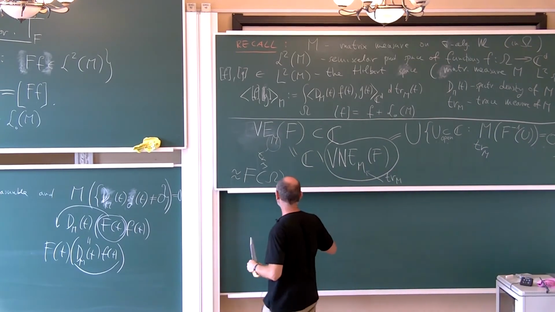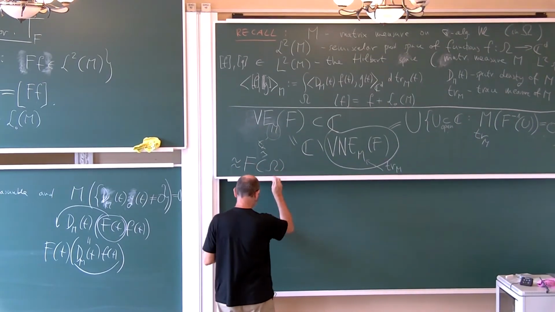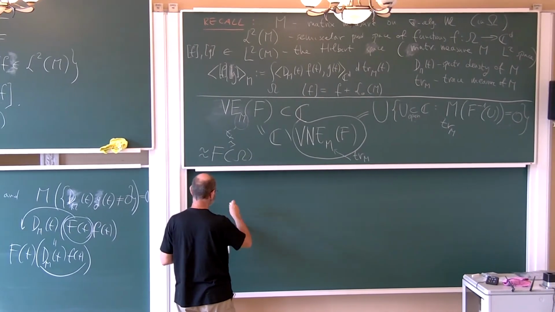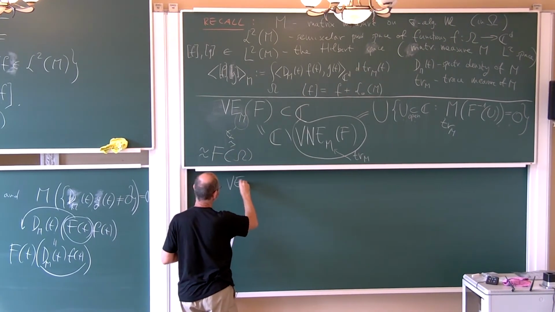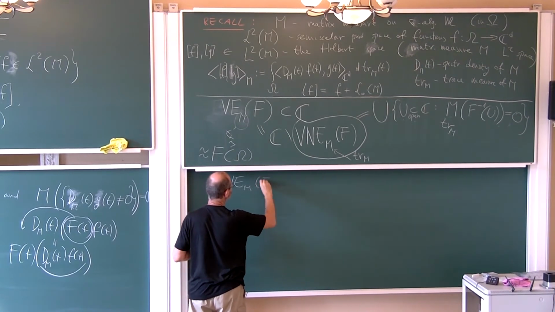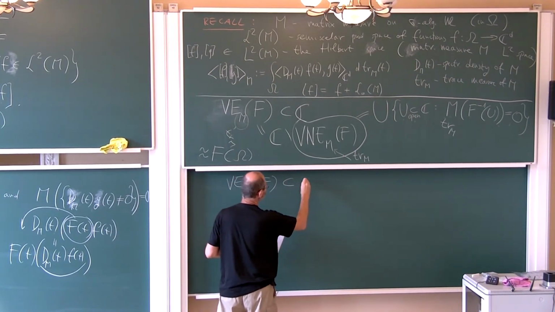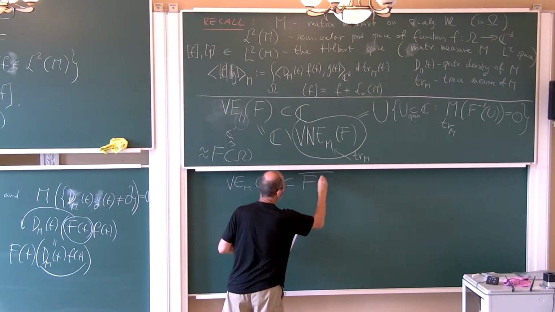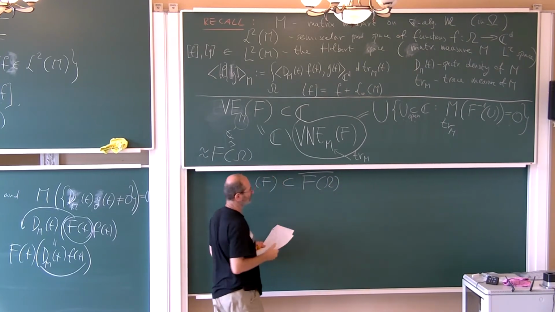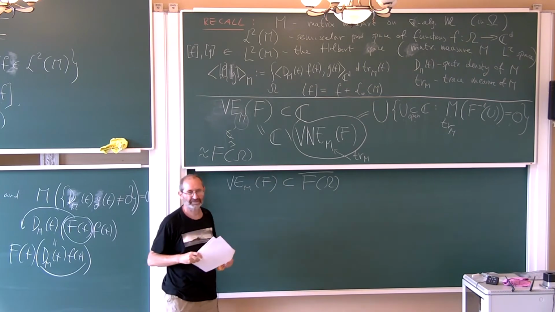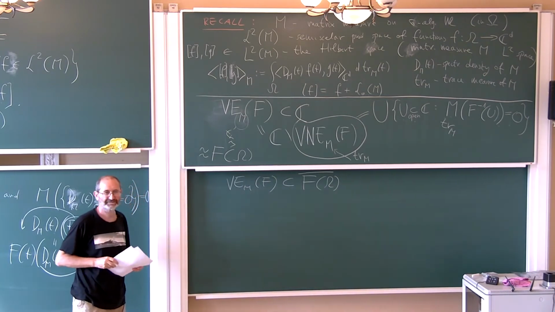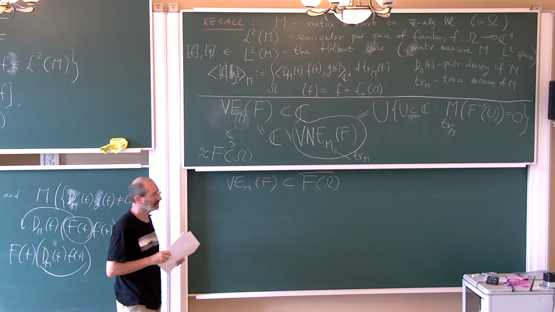One of the properties which is quite easy to check is that this set of values is always contained in the closure of the image. And sometimes it's equal, for some kinds of measures. It depends on several properties.